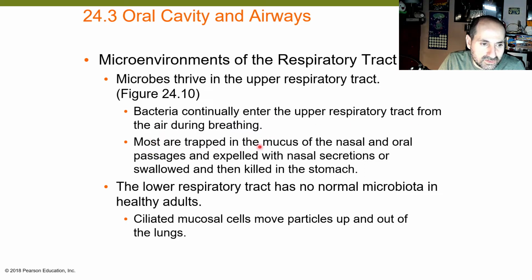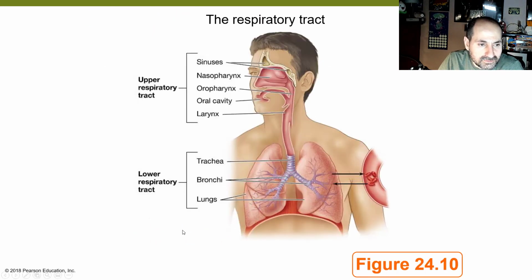Most of them are trapped in the mucus and nasal and oral passages, and then expelled with nasal secretions, or swallowed and then killed in the stomach. Whereas in the lower respiratory tract, you should have no normal microbiota in healthy adults. Remember your mucociliary blanket I talked about in the lecture, this ciliated mucosal layer of the lungs. It helps move the particles up and out of the lungs.